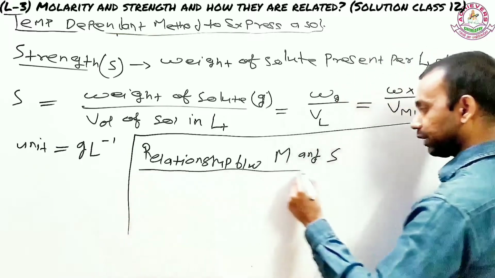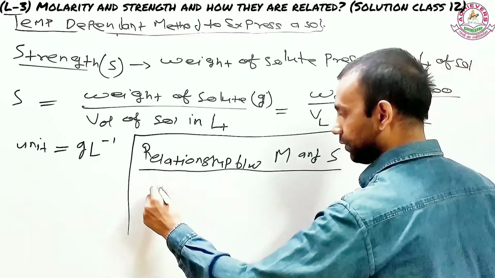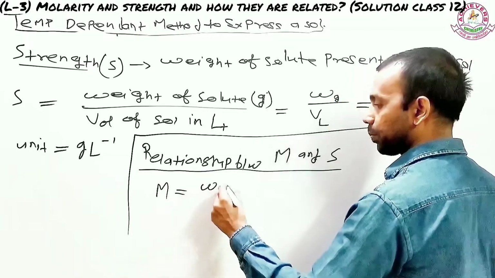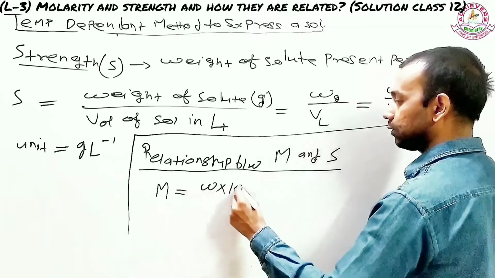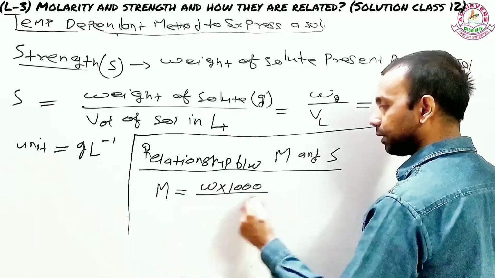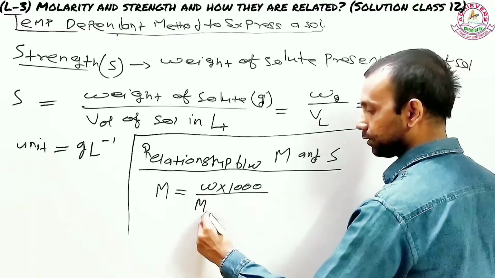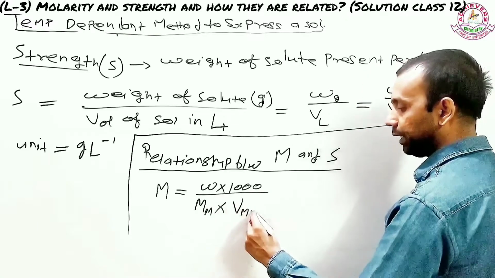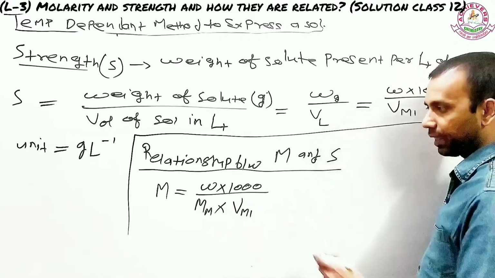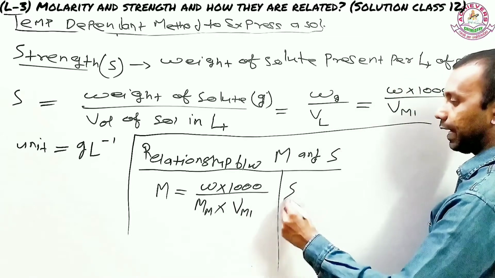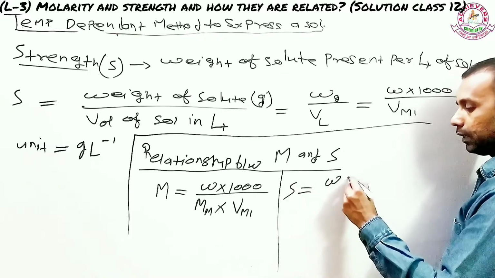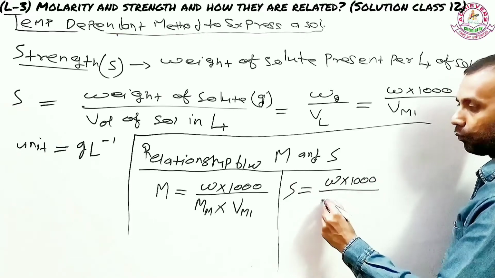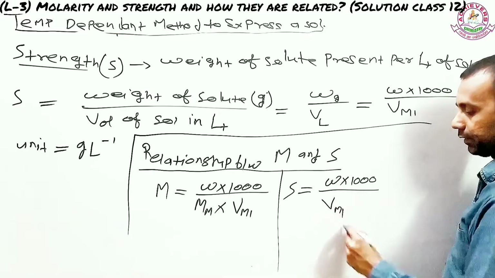For molarity we had W into 1000 divided by molar mass into volume of solution in milliliter, while for strength we have W into 1000 divided by volume of solution in milliliter, right?